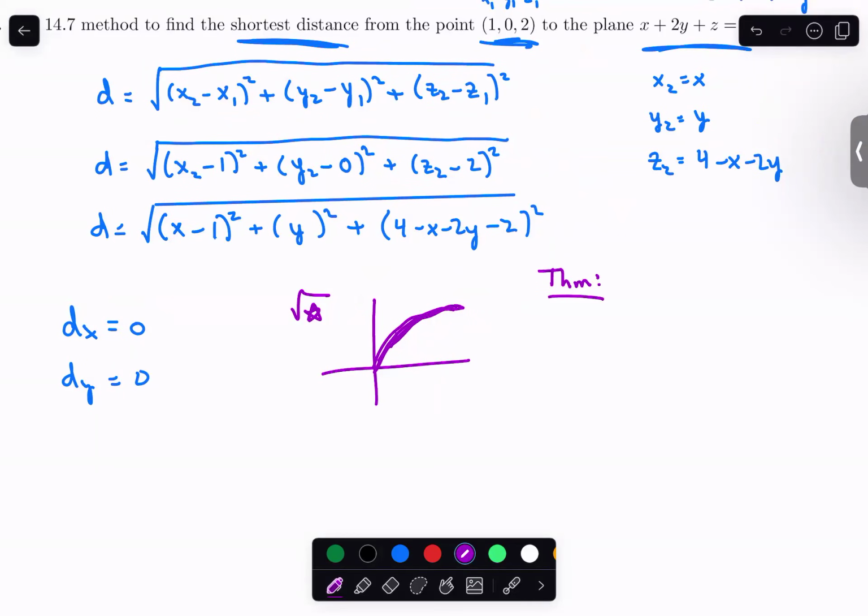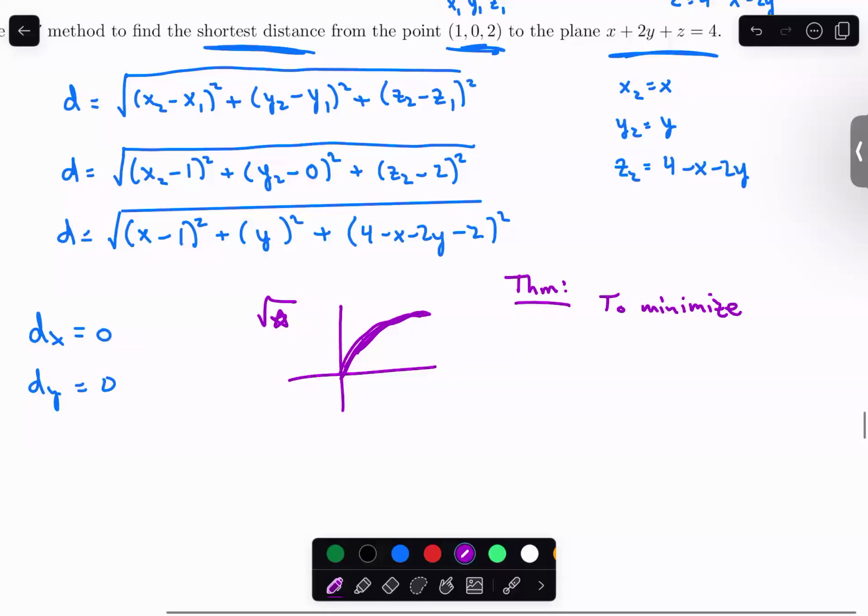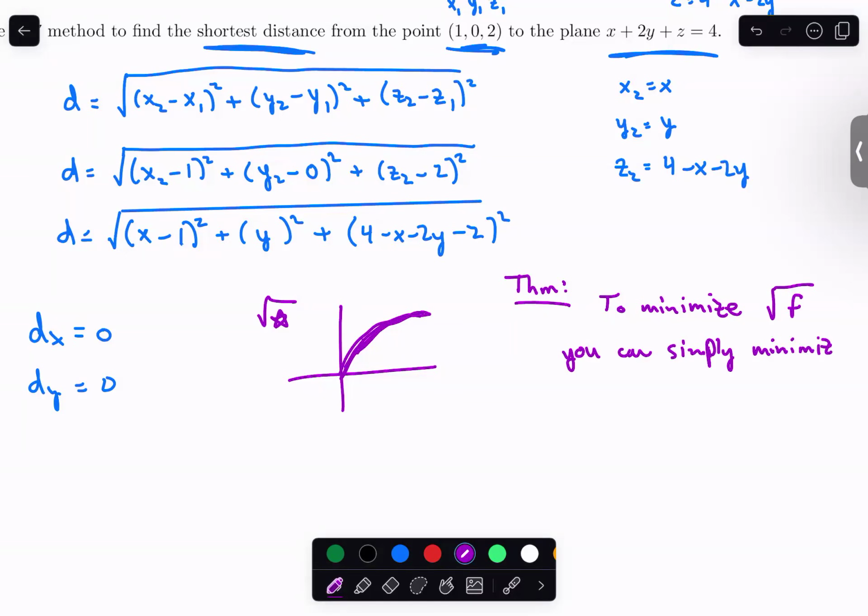And that is to minimize the square root of some stuff. I'll use the square root of f here because it could be any old function. You can simply minimize f.